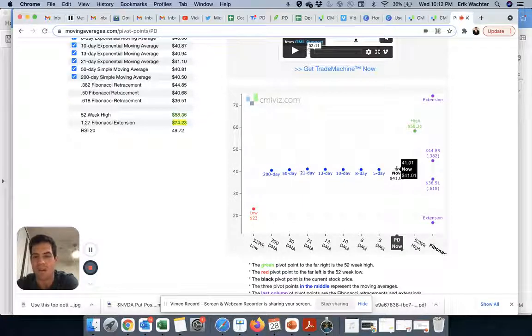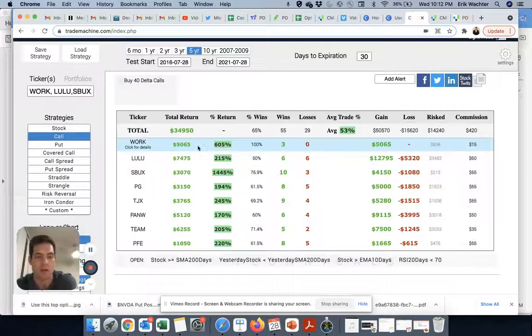Today we crossed up above that. Okay, and we are also above the 10-day moving average. And if we look over here, I can see the RSI is almost 50, which is below 70. So this is valid for me to trade according to the criteria here.